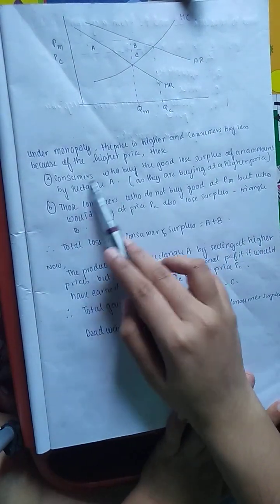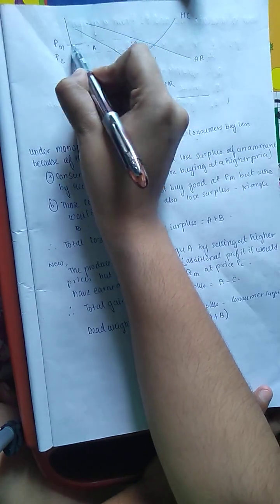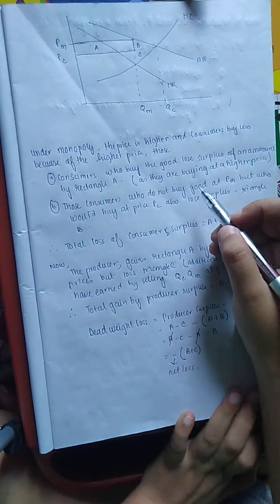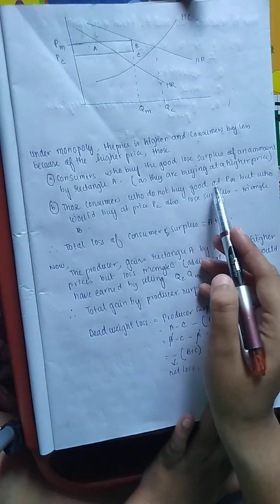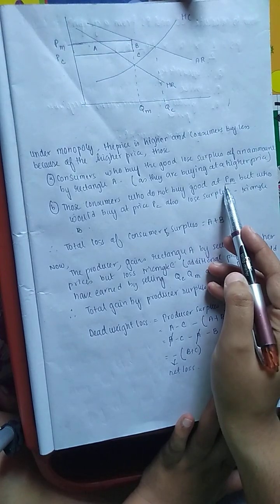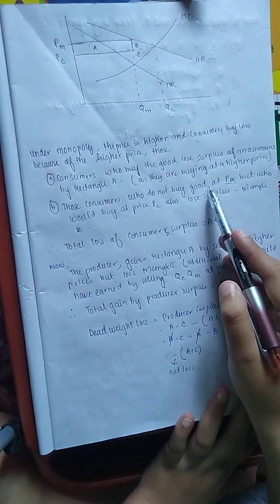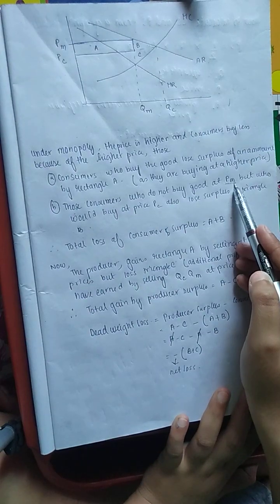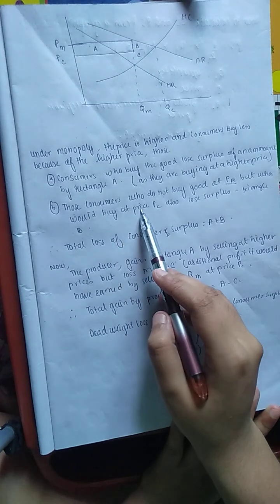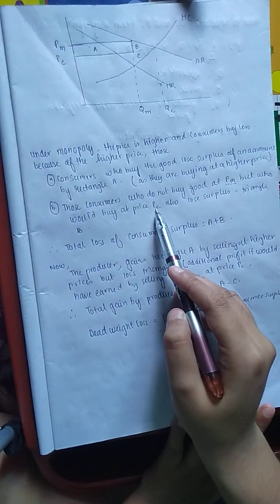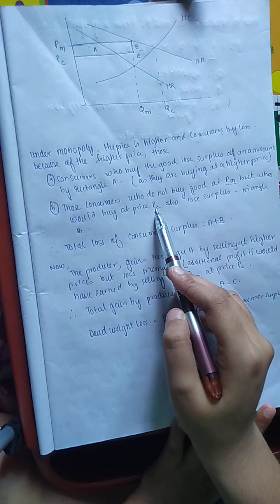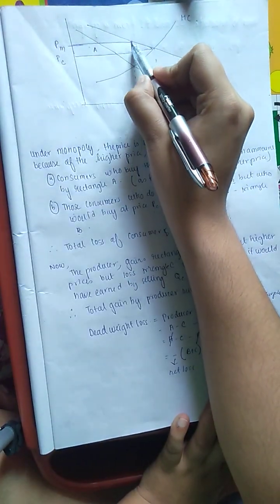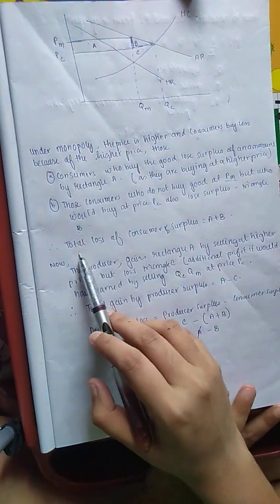This is represented by the triangle A. And those consumers who do not buy the good at price PM, the price charged by the monopolist, but who would buy at price PC, the price of the competitive market, they also lose surplus, by the triangle B. This portion is the triangle B.